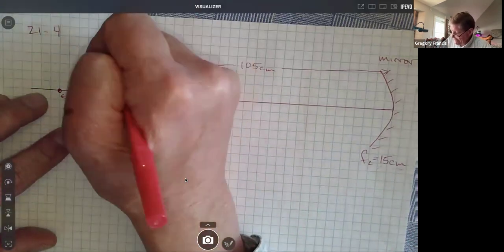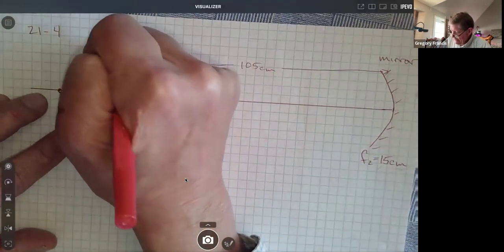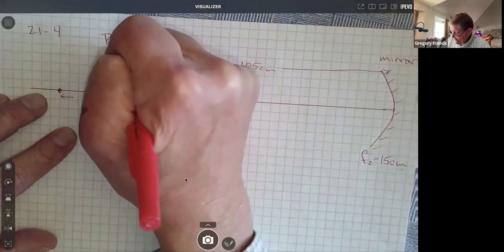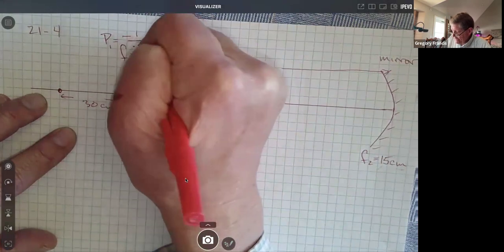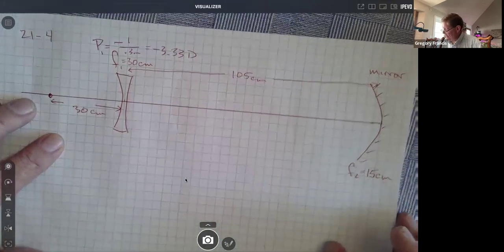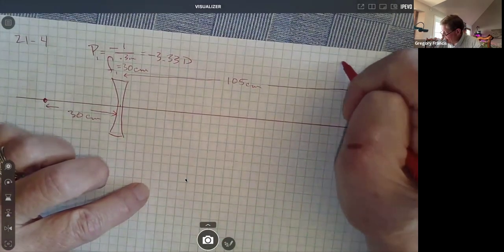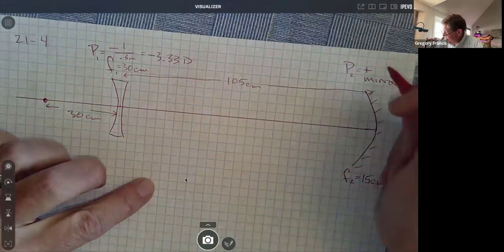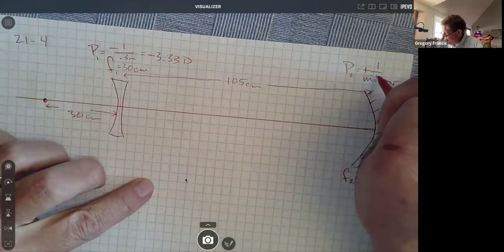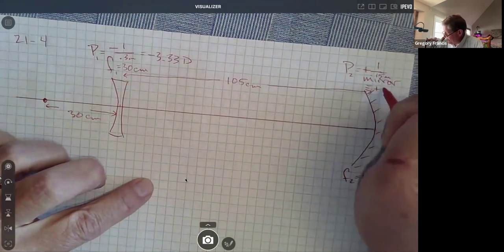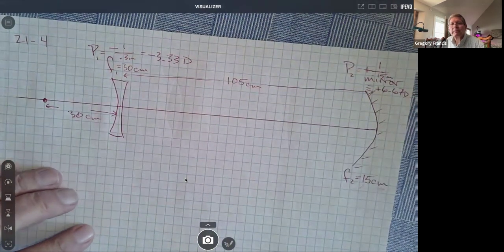So let's start by finding the power. This is going to be a negative power, and it's going to be 1 over 0.3 meters, or negative 3.33 diopters. This is going to have a power that's positive because it's converging, and it's going to be 1 over 0.15 meters, and that's going to equal a positive 6.67 diopters.